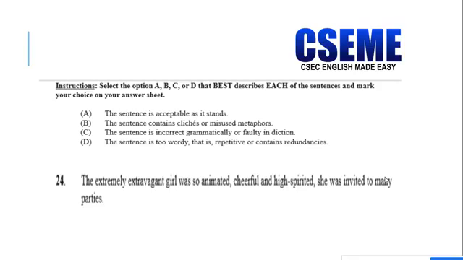Some of you are in my mind. Then C, some of you are in my mind. When I first saw this, so the answer is C, right?